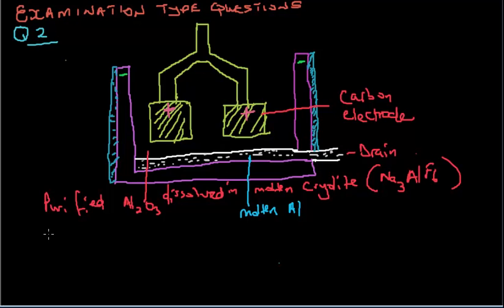We are now on question number 2, and this diagram shows an electrolytic cell used for the extraction of aluminium at temperatures as high as 1000 degrees Celsius.